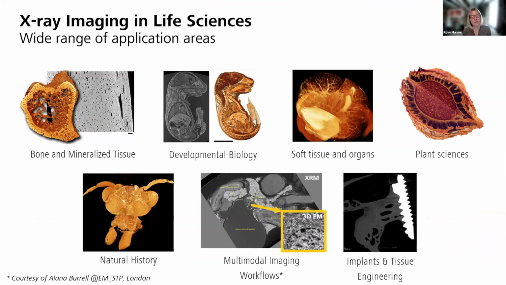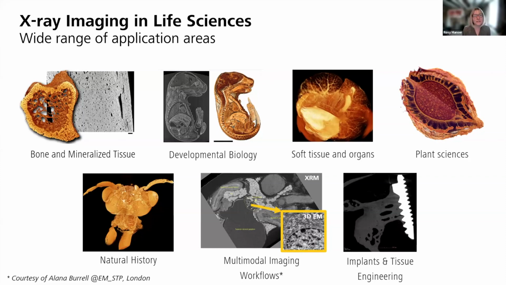I guess the bone and mineralized tissue world realized the power of X-ray imaging many years ago, because bones are quite challenging to image with other microscopy techniques. They're hard to section, they're relatively dense, and using CT, you could just image straight through without having to physically section. So there's been a lot of work done within the bone and mineralized tissue world around X-ray imaging.